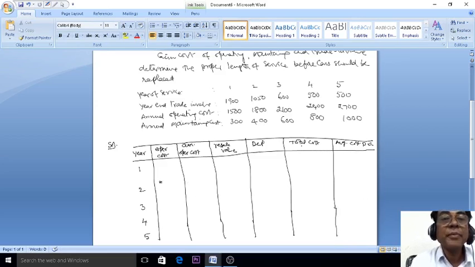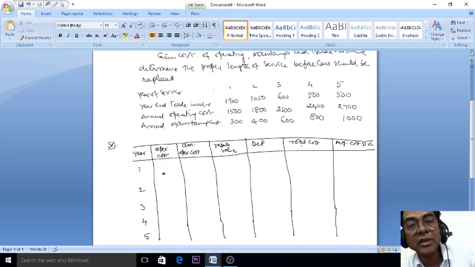Okay. So operating cost. Sometimes if the operating cost is given directly, no problem. Take that value and enter it into the table.